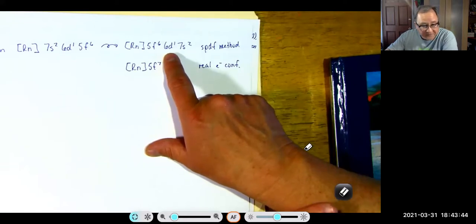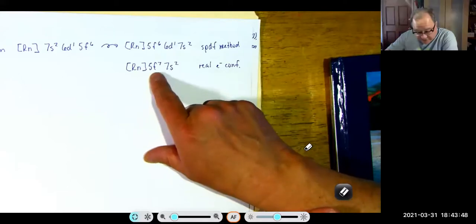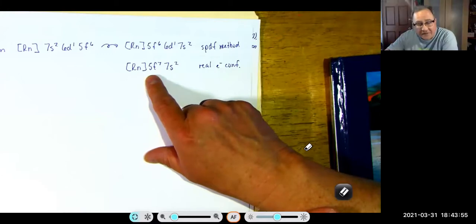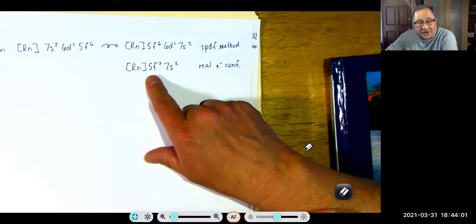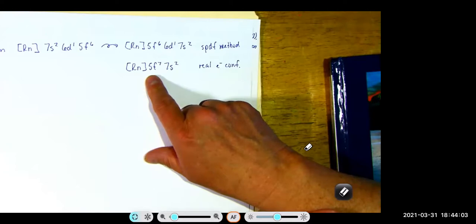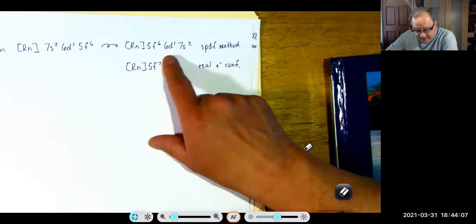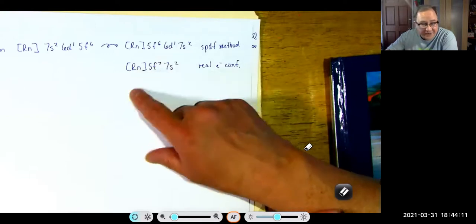The 6d moved to the 5f, right? So 94 out of 95 electrons are correct. That means we're about 99% correct. So the way to look at these two is not to say we screwed this one up. We're supposed to say it's 99% correct.